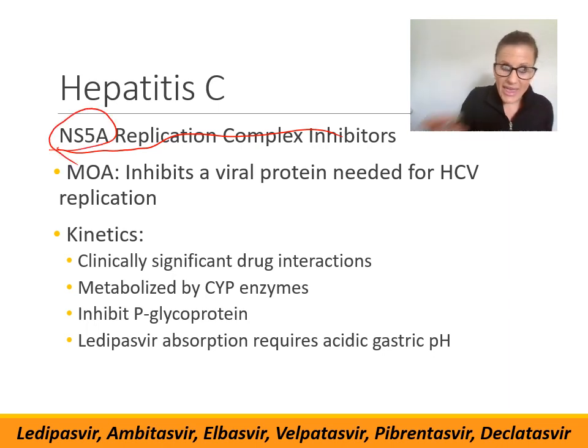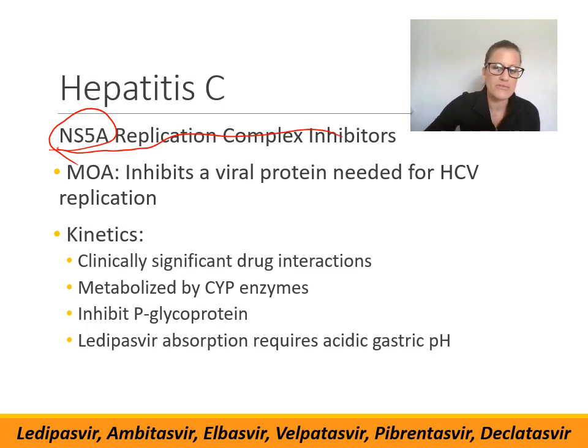NS5A is another one of those proteins. It's a protein complex that's necessary for viral replication to occur. So this is just another target that we can hit with the hepatitis C drugs to stop viral replication. So again, they inhibit this viral protein, NS5A, and that inhibits hepatitis C replication.